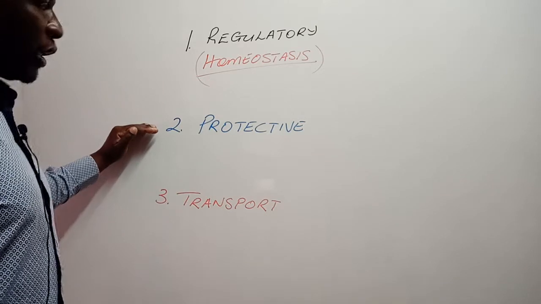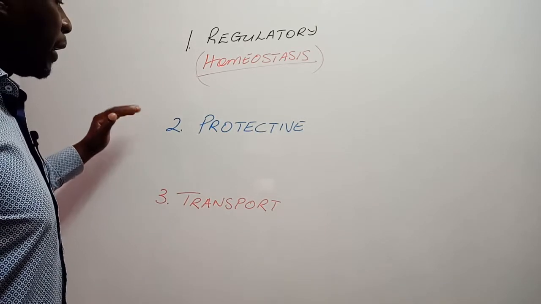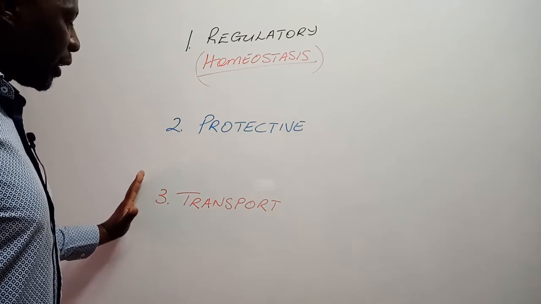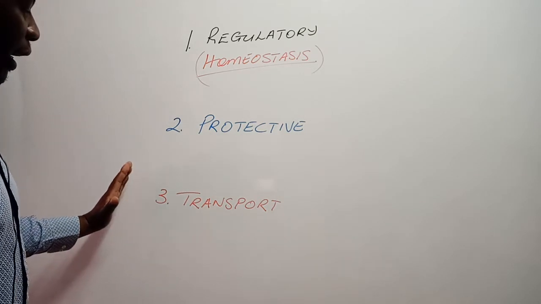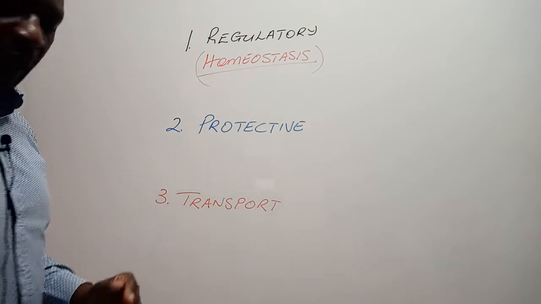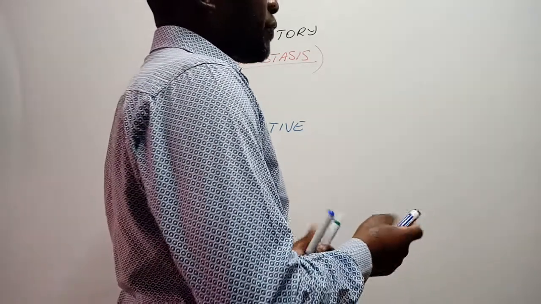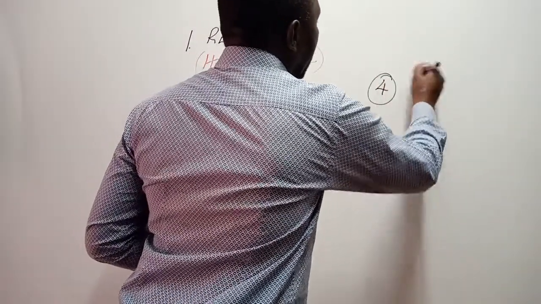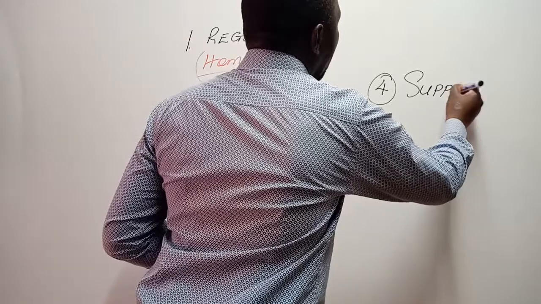The second function that blood plays in a human being is the protective function. The third function is the transport function. And the fourth but not least function is the support function.